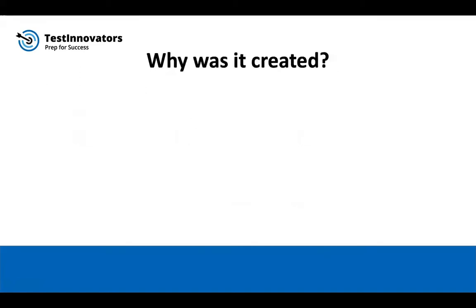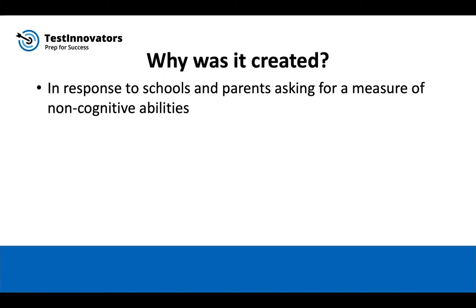Getting into some more details about the snapshot, one of the important questions is, why was this created? Why is this now part of the application? The reason is because people asked for it. That came from both sides of the admissions process. Schools wanted to have a way to measure non-cognitive abilities, and parents also wanted it.